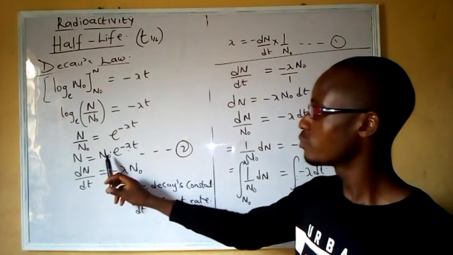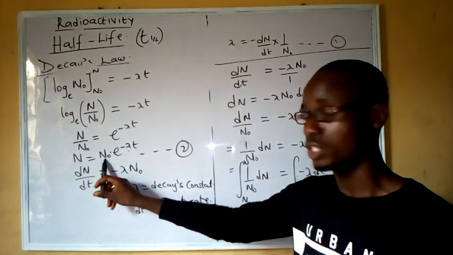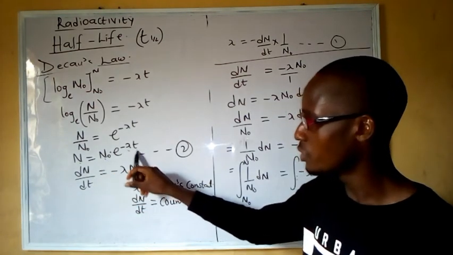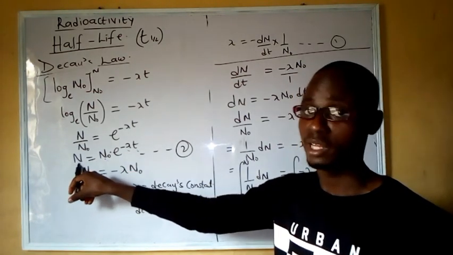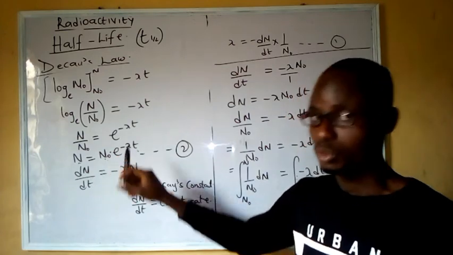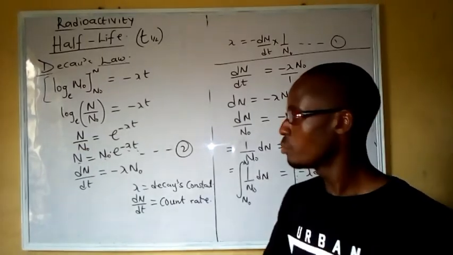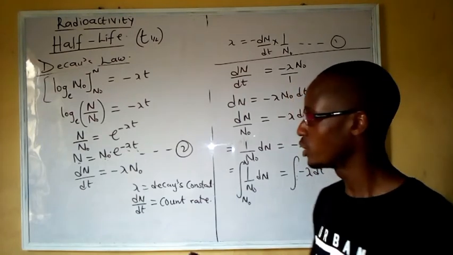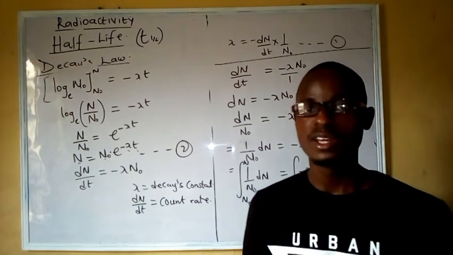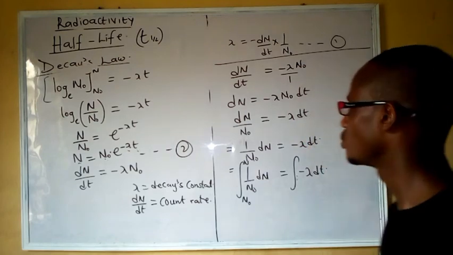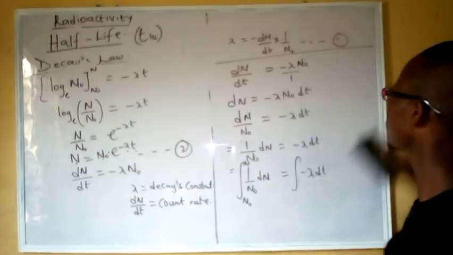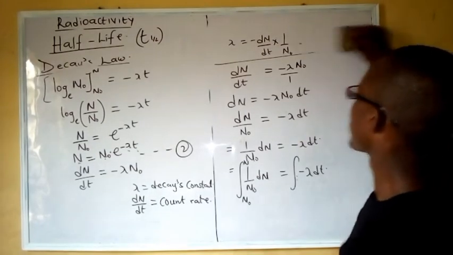Okay, if I have 20 atoms initially, after 20 minutes, how many atoms will be left? Then we must know the value of our decay constant. However, can we proceed in finding a relationship between half-life and the decay constant? I think we can do that and we solve questions on this.